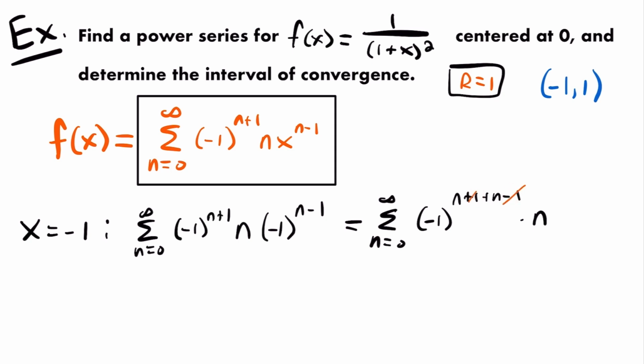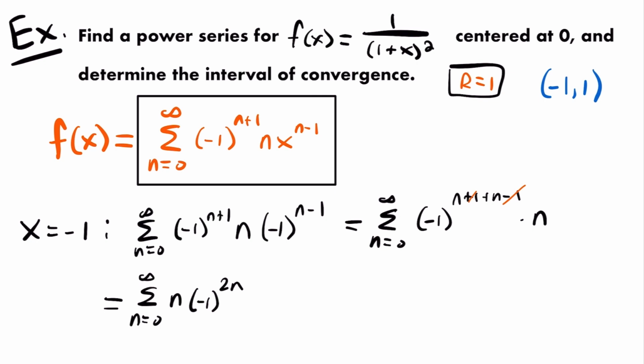Those are going to cancel each other out, and then we're just left with n plus n, which is going to be 2n. So what we're left with is that this is equal to the sum from n equals 0 to infinity of n times (-1)^(2n). All right, I just moved this n up front. It doesn't matter what order you multiply those two parts in. I just decided to move the n to the front because I think it looks a little bit better.